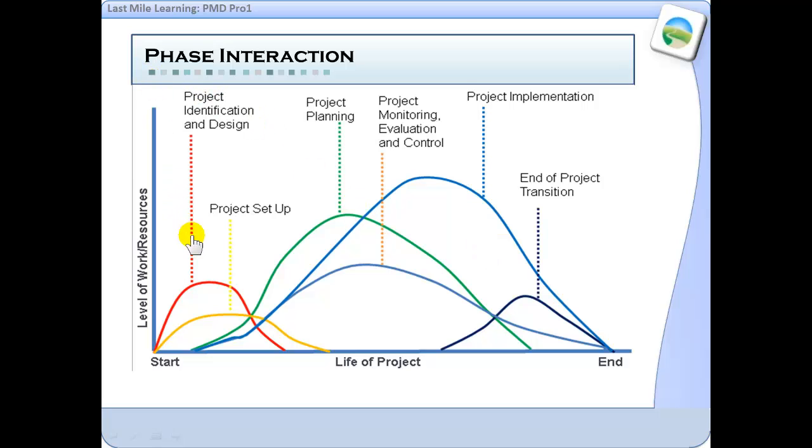This actually shows phase interaction. The phase model gives the impression perhaps that project management is somewhat linear, that you have one phase, you complete it, then you start another, when in reality there's a lot of overlap. So for example, you can see that this blue line is project implementation.